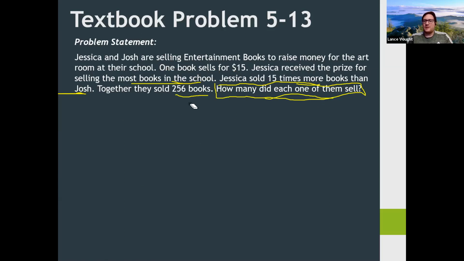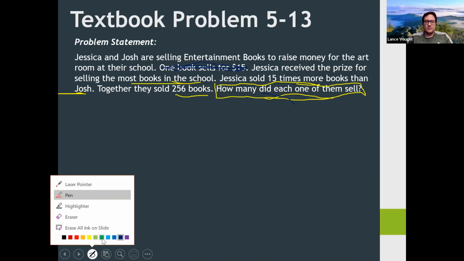It only says how many books they sold. If the problem asked what the revenue was, you'd bring in the 15, but by knowing that the call to question is saying how many books they sold, you can just cross this out. This sentence is irrelevant. So instead of trying to shoehorn 15 in, you don't really need it.